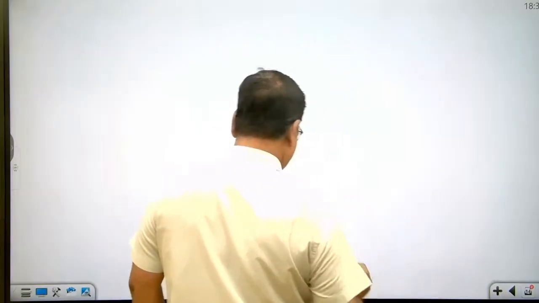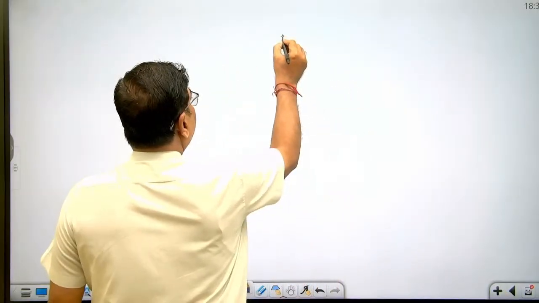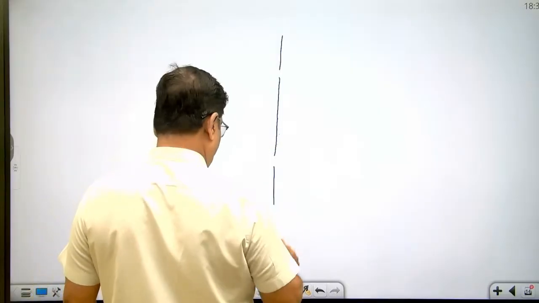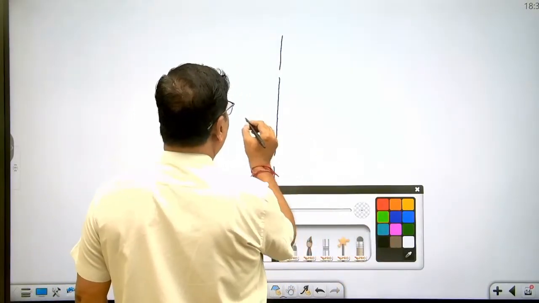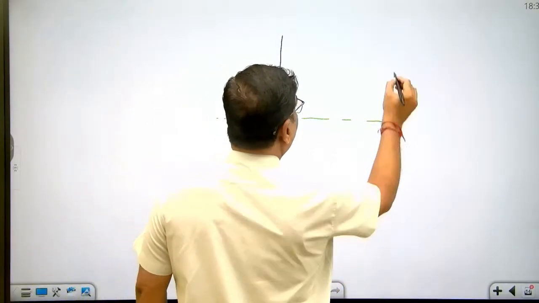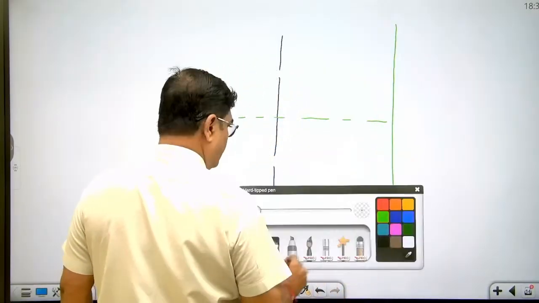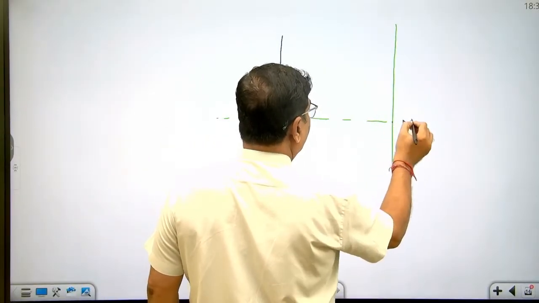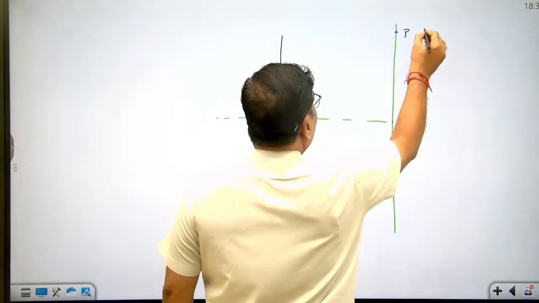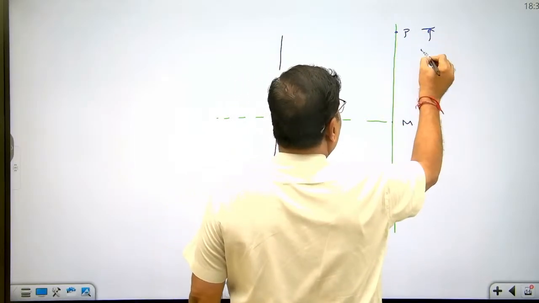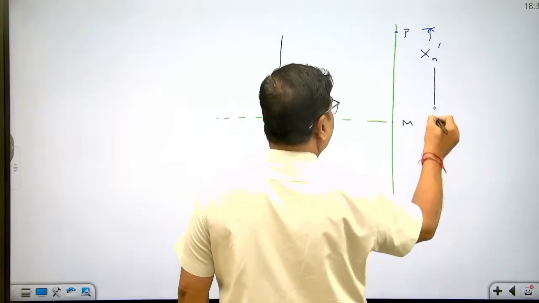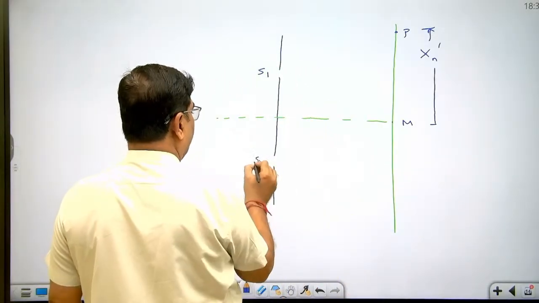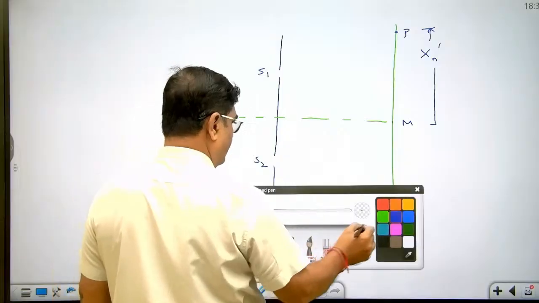Now let us assume at point P, nth order dark fringe is getting formed. Path difference we have assumed 0.